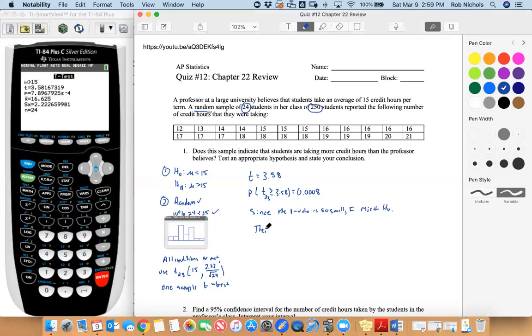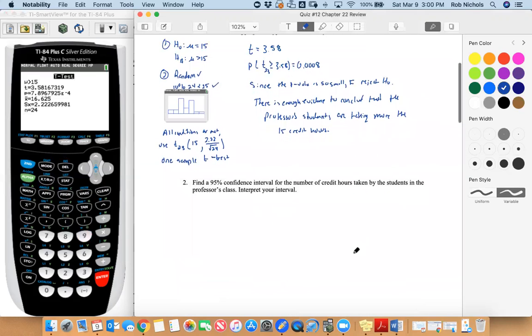There is enough evidence to conclude that the professor's students are taking more than 15 credit hours. Bingo. All right, now do a 95% confidence interval.